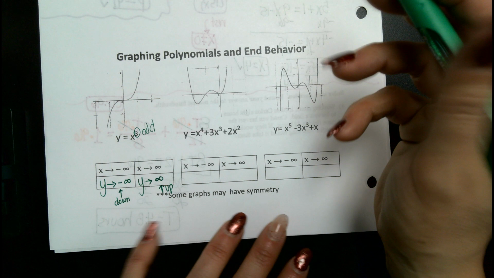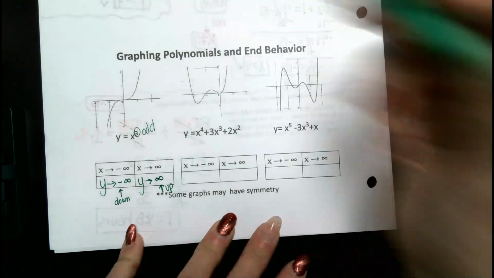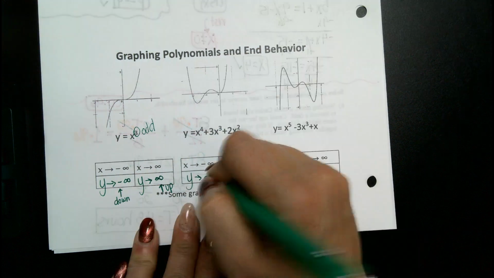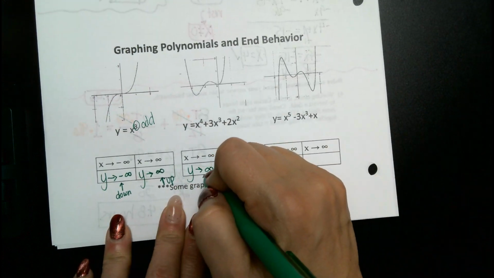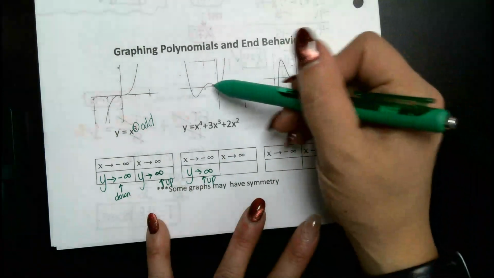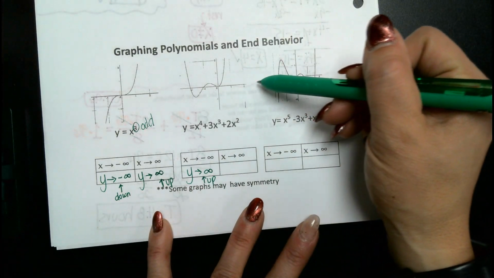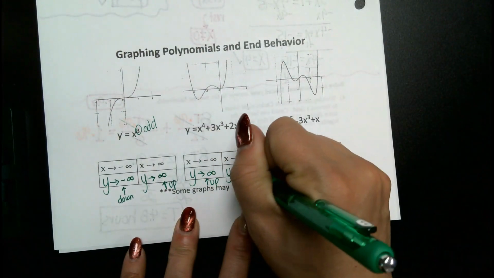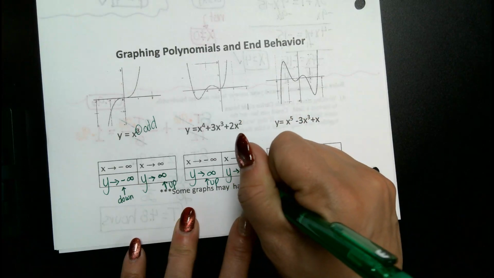As x goes towards the left, meaning as it decreases, what's happening to y? The end goes towards positive infinity, because it's going up. And as x increases, as we move to the right, what is y doing? It's also going up. So that one's going to positive infinity.